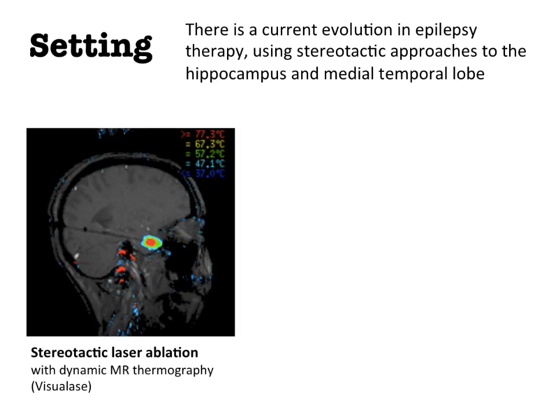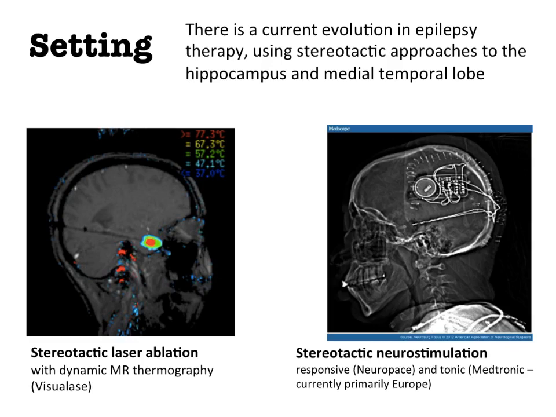This shows a burn region we see intraoperatively using the Visualase device, which is the device we use most commonly at Stanford for laser ablation. And here on the right you see stereotactic neurostimulation.